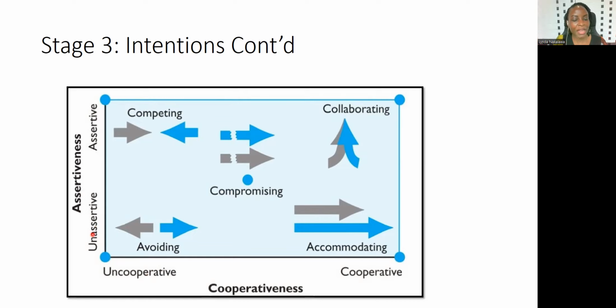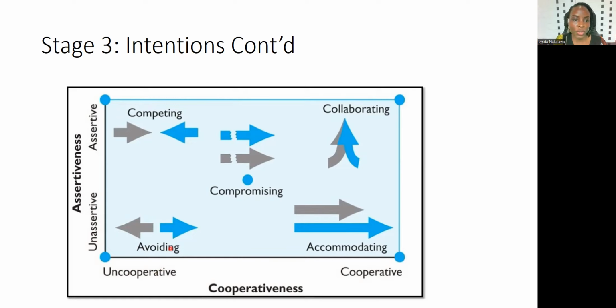But at the same time, I am uncooperative. Cooperativeness is also low. Remember, cooperativeness is how much I want to agree with the other person. So I'm not pushing my agenda, and I am not willing to cooperate. My intention for dealing with this conflict is going to be avoiding. We shall look at this again in more detail in the next topic.